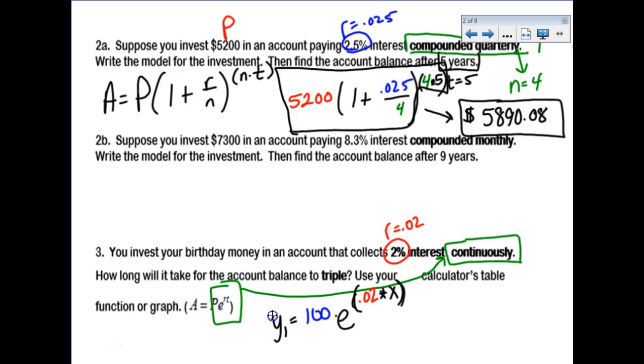The other dead giveaway here, guys, it says use your calculator's table to figure it out. So I want my money to triple. What am I looking for? Good. $300 would be triple of our $100. Go to our table.